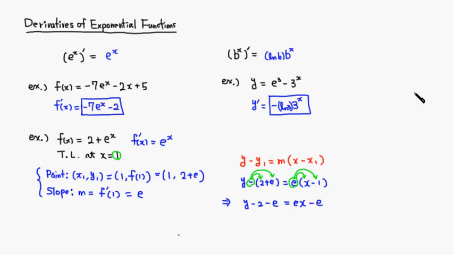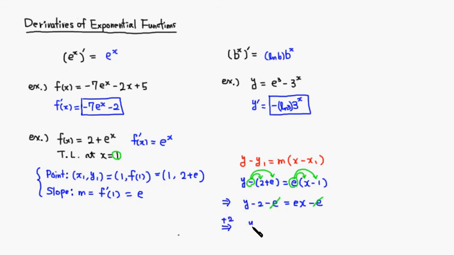Since there's negative e on both sides, you can cancel it by adding e to both sides. And lastly, I'm going to write it in slope intercept form by adding 2 to both sides.